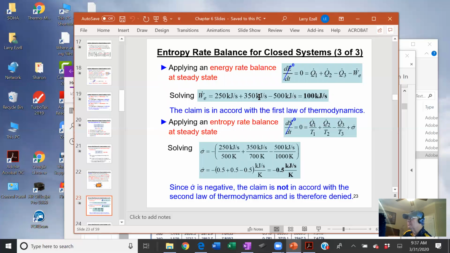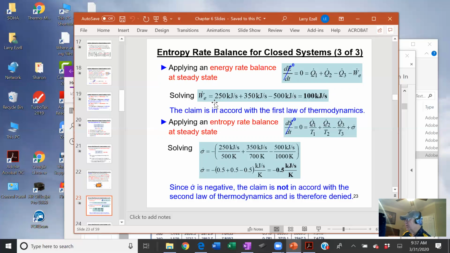Okay, but applying the energy rate balance equation. Okay, now this is the first law equation. Remember, dE dt, so there's no change in internal energy. dE dt is equal to 0.